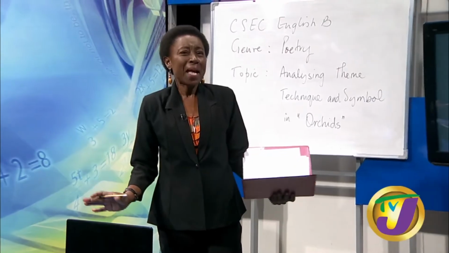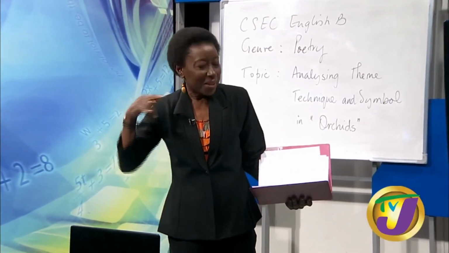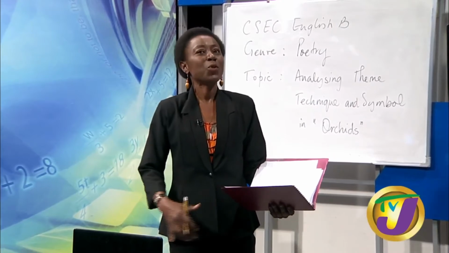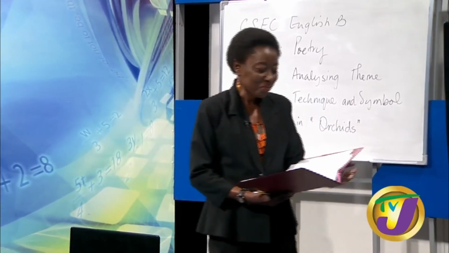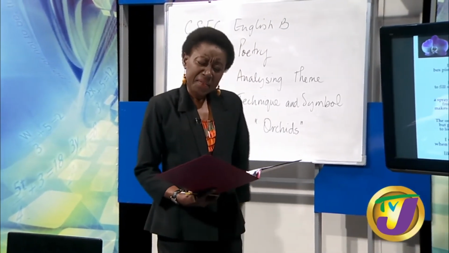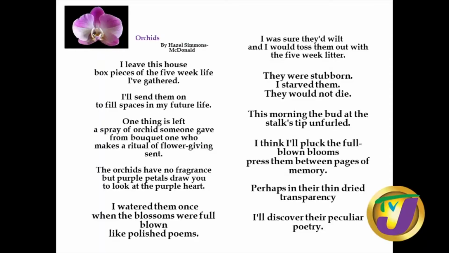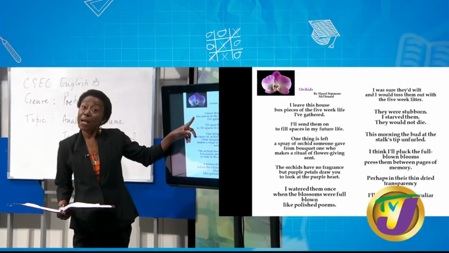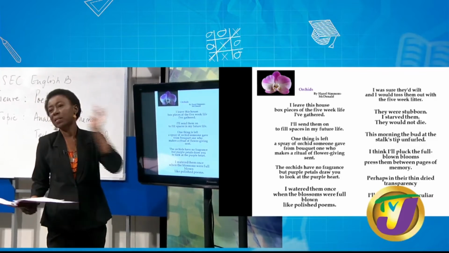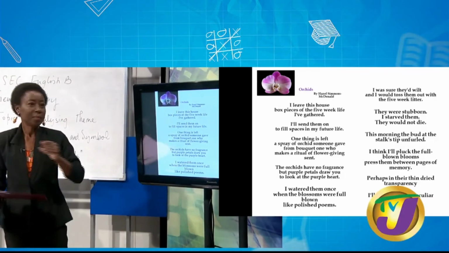The first time, it's not getting in, so we read again. I leave this house box pieces of the 5-week life I've gathered. You know, when I saw the word box, the first time I read this, I said box, not this. Oh, box.